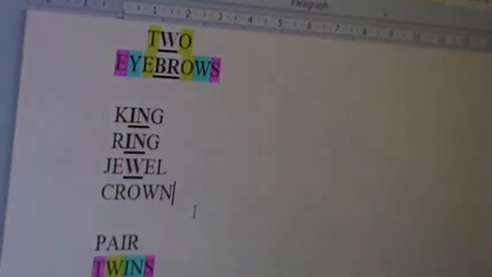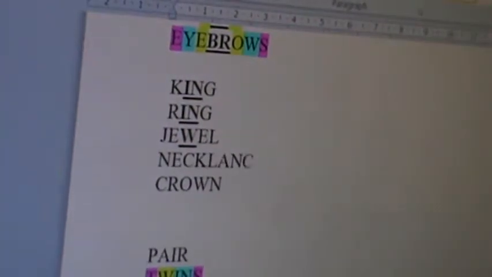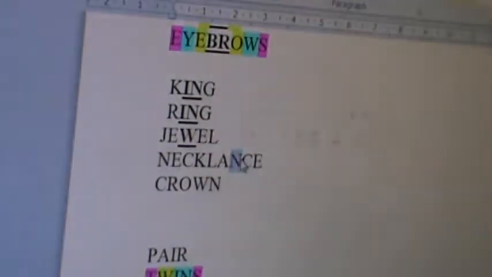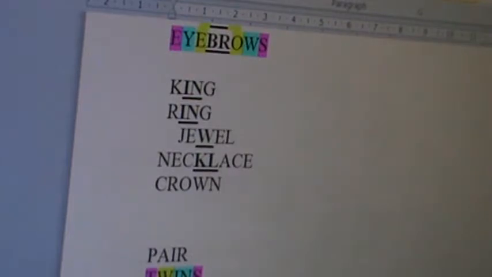A jewel at the center of a ring on the head of a king. I am. Sounds good. I'm ready to receive one of those. Okay. And then you wear a necklace, which also has I am at the dead center. So a king with a crown and a necklace. I am.